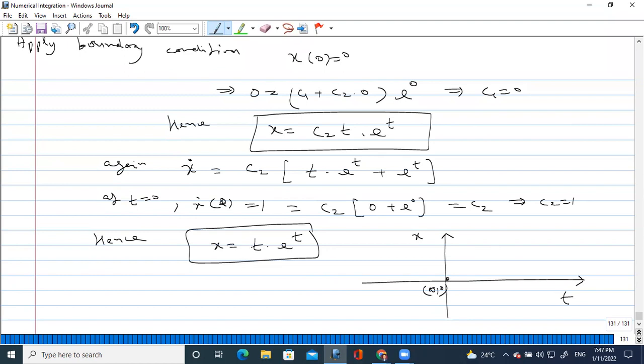Then since it is exponential, it will grow fast: 1 plus t plus t square by factorial 2, t cube by factorial 3, like this. So it will grow like this. So this is the final curve for that.